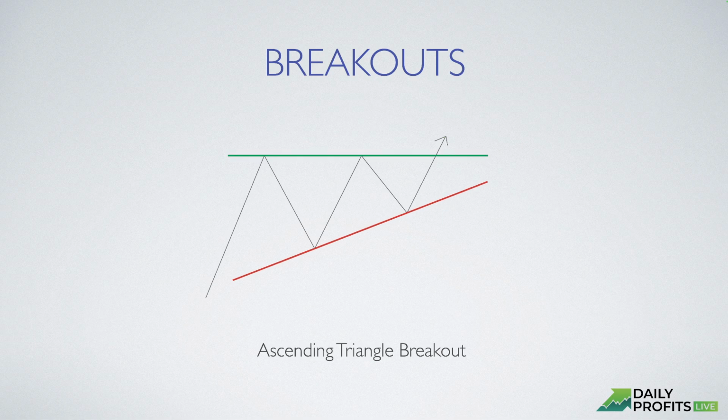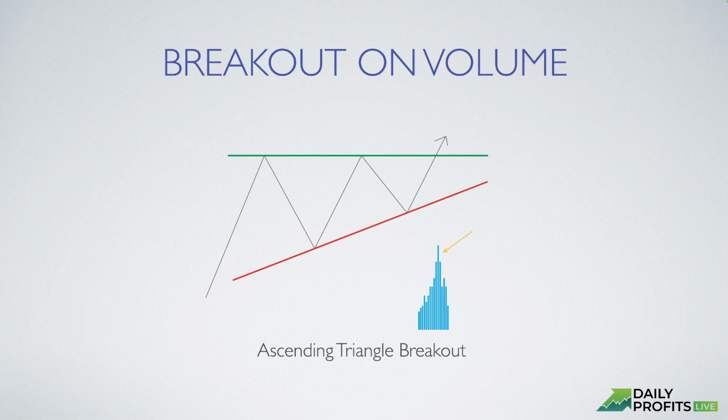Right. These will tend to break out to the upside, okay? A lot of times you'll get that 1, 2, third push, not always 3, but when you see this pattern as you're trading it, the breakout, unless the pattern breaks down, tends to be to the upside, right?